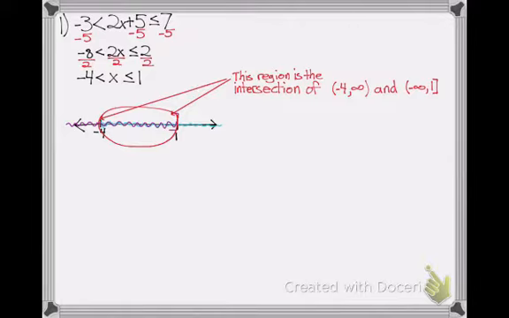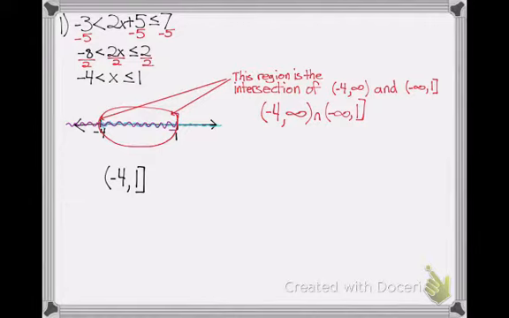Mathematically speaking, that's called the intersection of the interval from -4 to infinity and -infinity to 1, closed at the 1 side. We write that as the interval from -4 to infinity intersect, this little upside down U symbol, which is sometimes called a cap but is usually read "intersect", -infinity to 1, bracket at the 1 side.